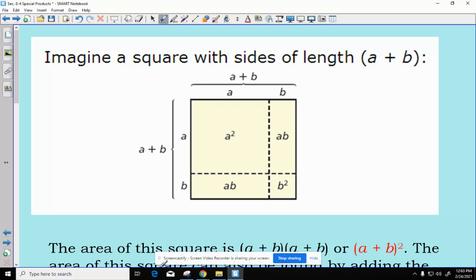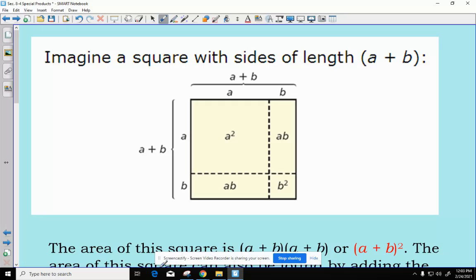It will produce an a squared in the front. When I do the outers, I get a times b. When I do the inners, I get another a times b. And when I do the last, I get a b squared.